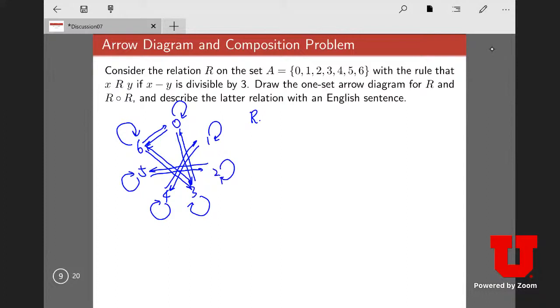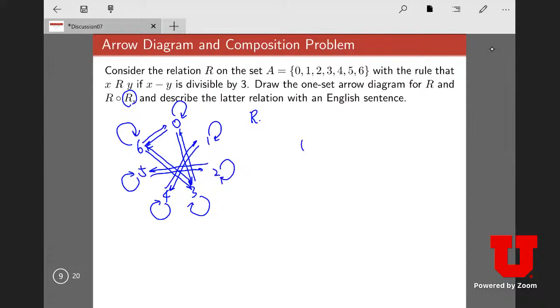So the first function needs to satisfy the R on the inside, and the second arrow would satisfy the R on the outside. So think about it like this. Do we have 0, 0 in R composed with R?